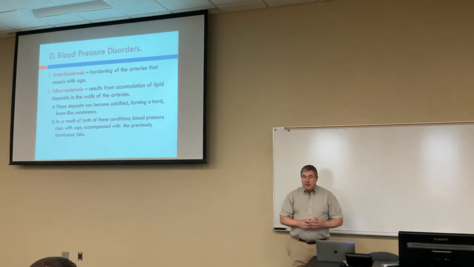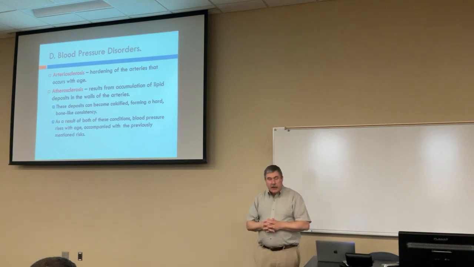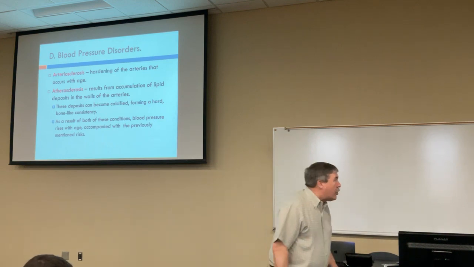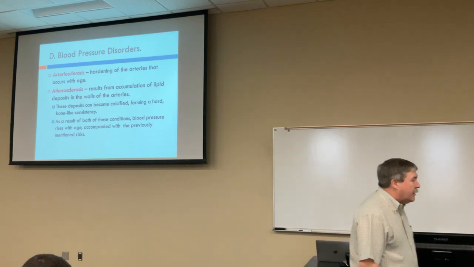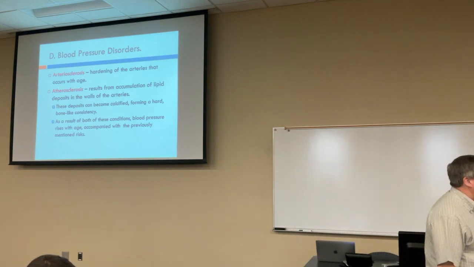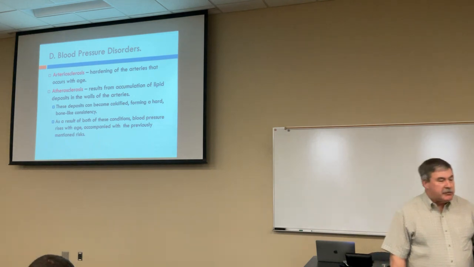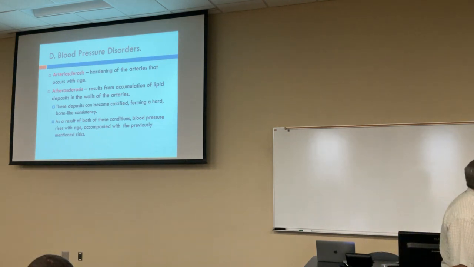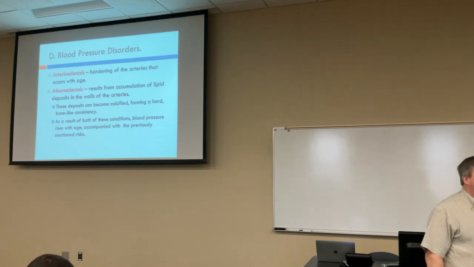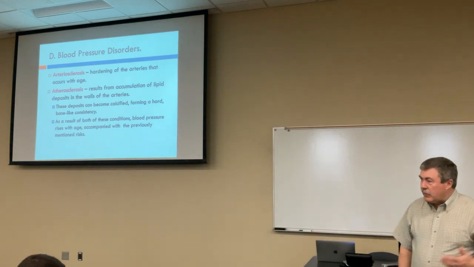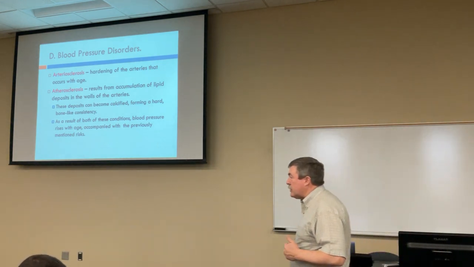Now, there's two relatively common disorders of blood pressure that are both kind of correlated with age. The first one is called arteriosclerosis. Arteriosclerosis is one of those things that just kind of happens with increased age.